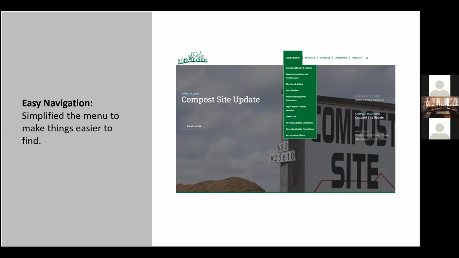It categorizes things similar to how the old website does, but instead of having categories underneath titles, you just mouse over it and then you see the submenus. So we modified that to make it a little bit easier to navigate through the website.